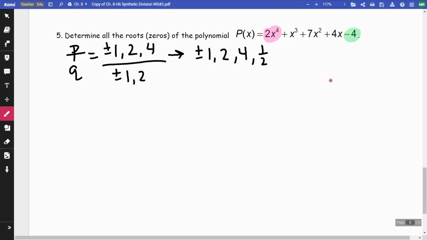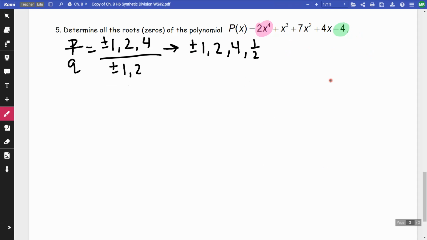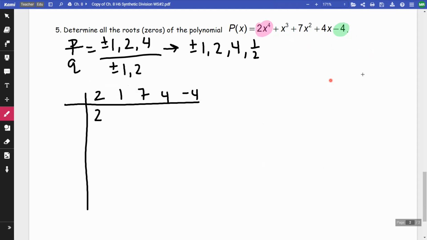Let me go and draw my table. So 2, 1, 7, 4, -4. Bring down your first number, which is a 2. Right now at 0, I'm at -4. So let's just try a 1. 1 times 2 is 2.